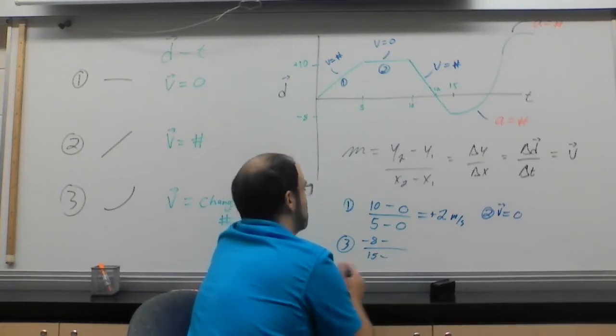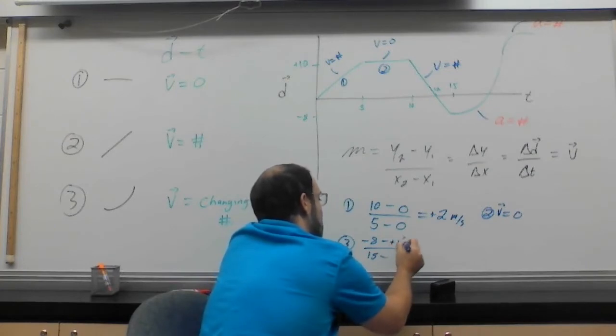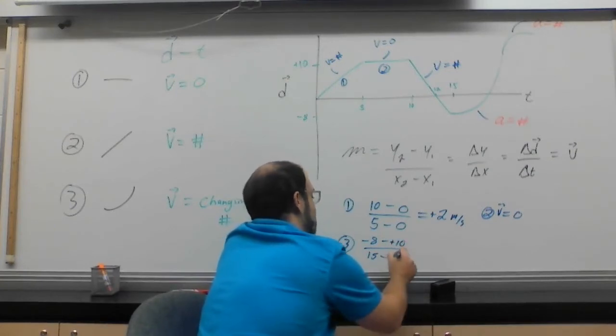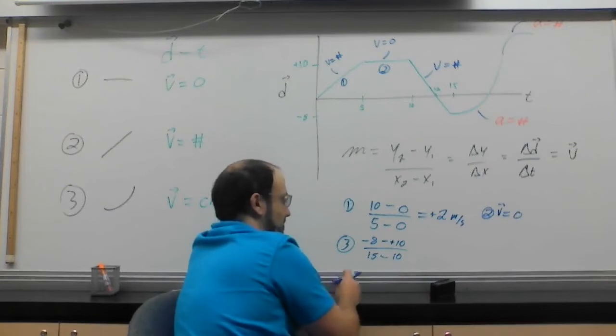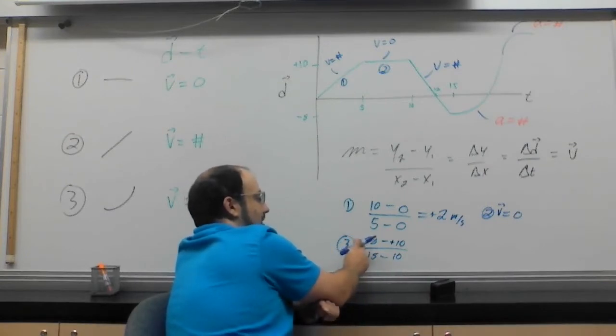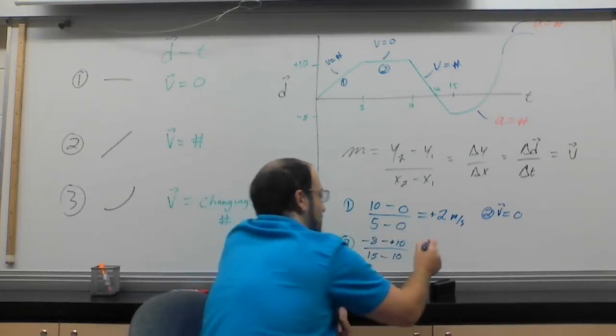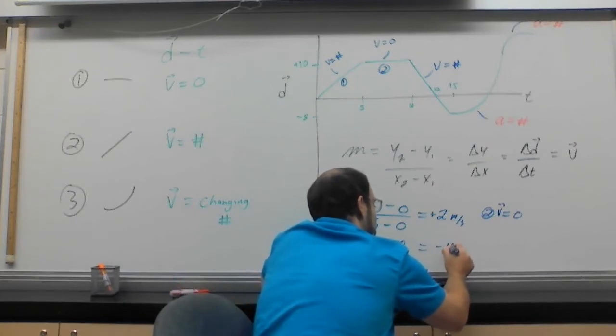My initial position was plus 10, and it was at 10 seconds. So negative 8 minus positive 10, we're going to get negative 18 over 5.